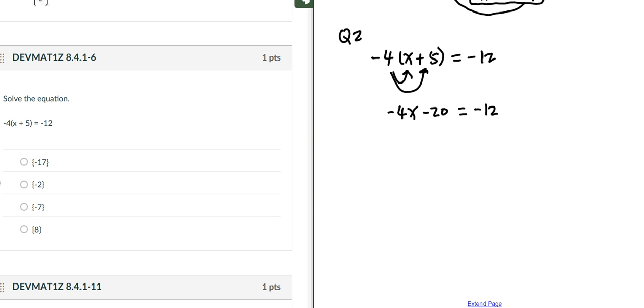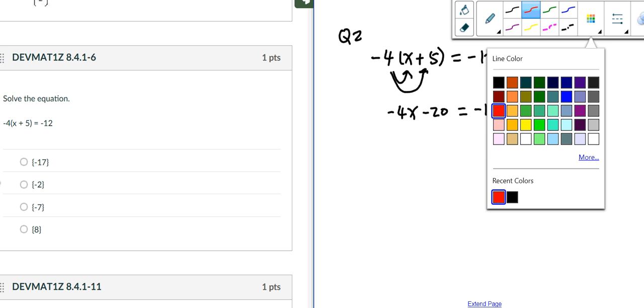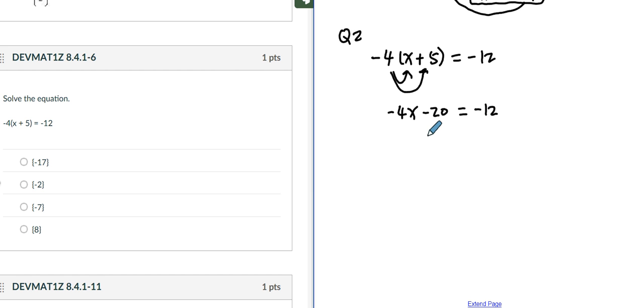Now, let me change the color here, plus 20 on both sides. So what do we get? I want to cancel this. And then we have negative 4x equals 8.